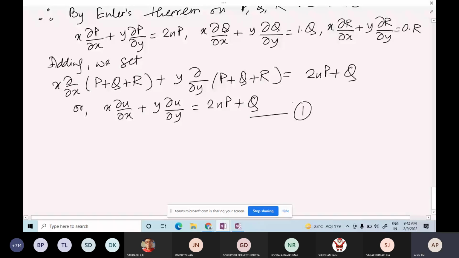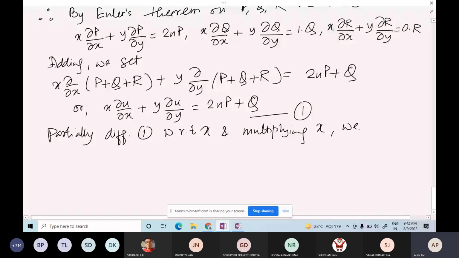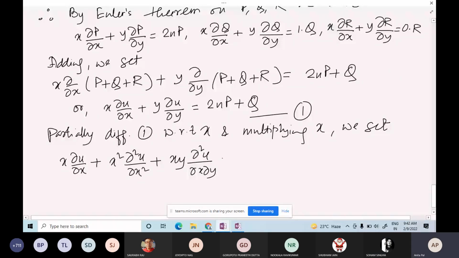Now differentiating equation 1 partially with respect to x and multiplying by x, we'll get x del u del x plus x square del 2u del x2 plus x y del 2u del x del y equals 2nx del p del x plus x del q del x.